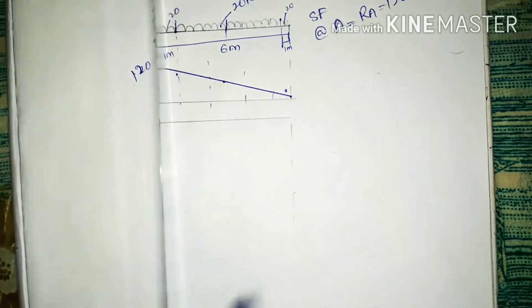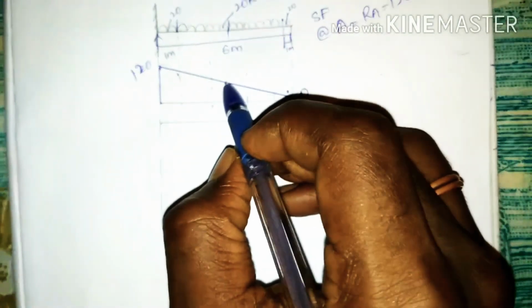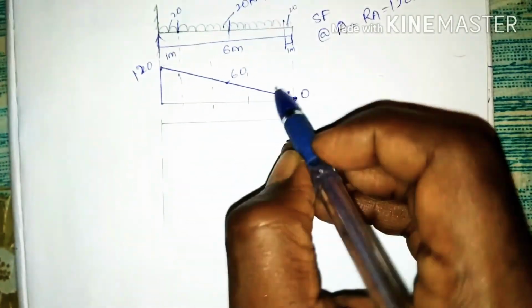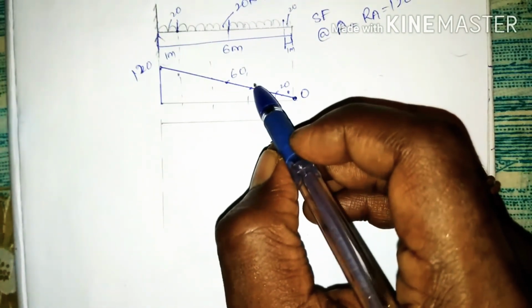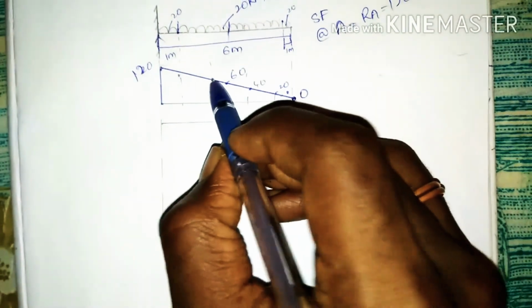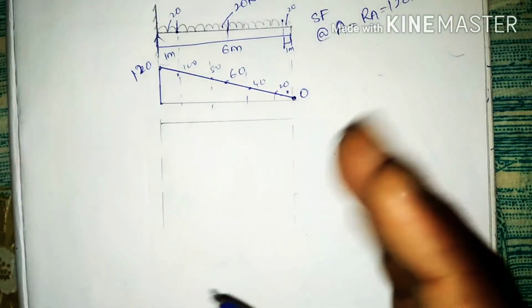Next, this value is equal to 0, and here it is 60, here may be 20, here increased by 40, and so on, 80, 100, 120. You have to take the moment up to here in total.